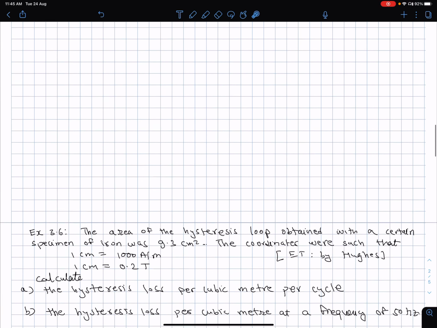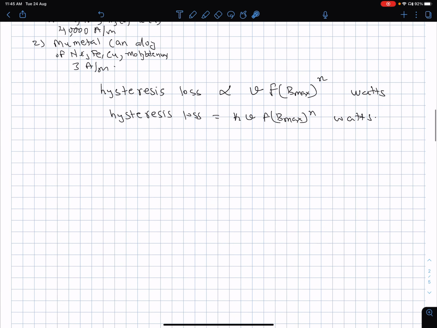If you look at this formula, n is given as 1.8 in this particular case, proportional to Bmax to the power 1.8. F will change, sometimes 50, sometimes 30. Per meter cube is required, so V can be just taken as 1. This proportionality constant K is not known.